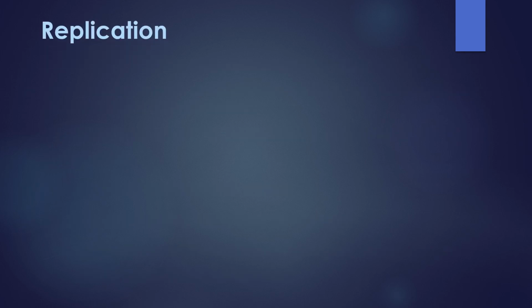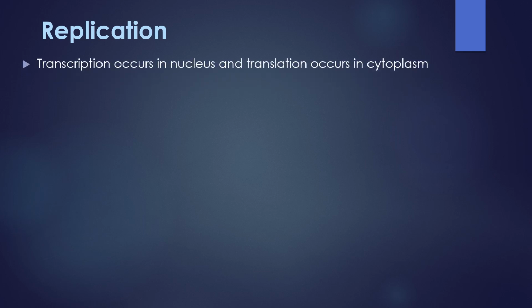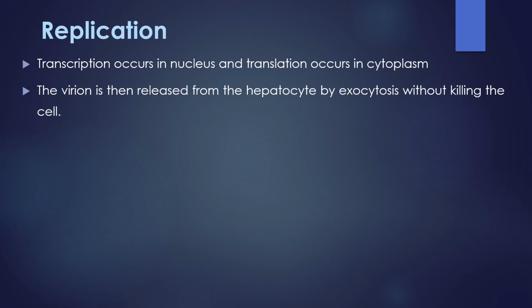Viral transcription occurs in the nucleus and translation occurs in the cytoplasm of the host cell. The virion after production is released from the hepatocytes by exocytosis without killing the host cell.